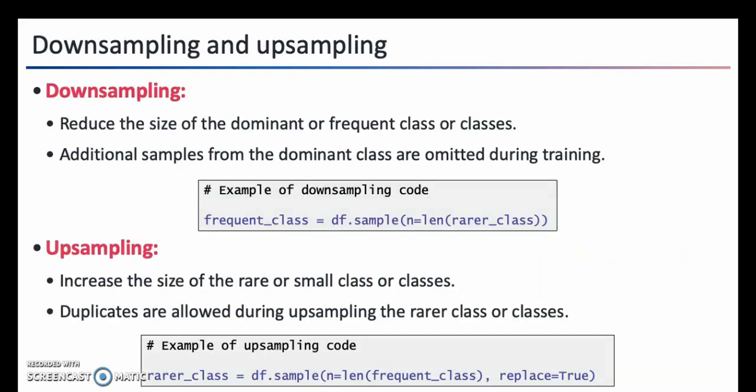So one approach when there is an imbalance is to update the performance metric. For example, one may change the metric from accuracy to precision or to recall, or one may use the F1 score. But there are other techniques or approaches. One of them is called downsampling.